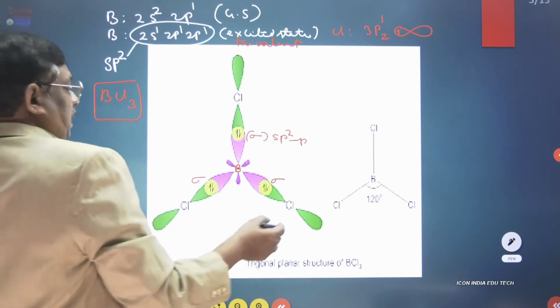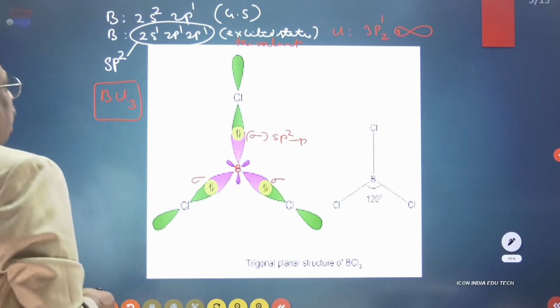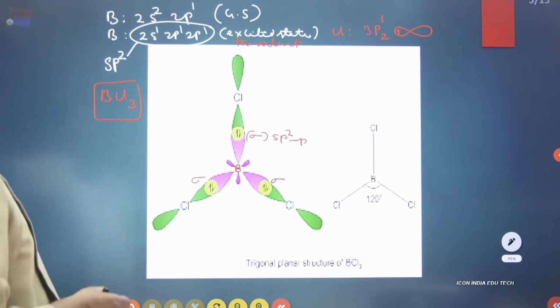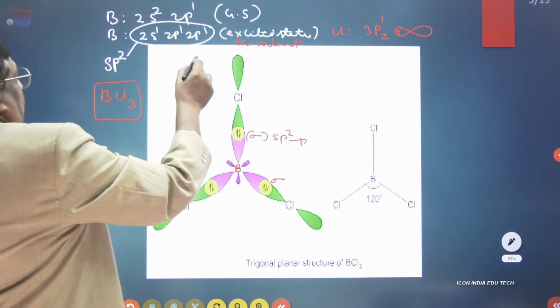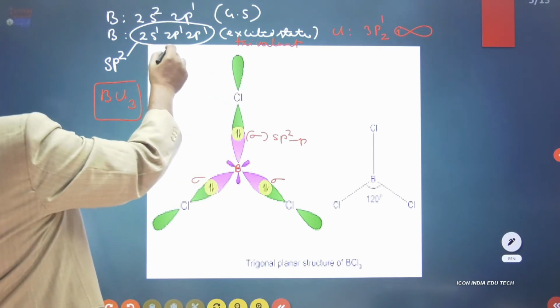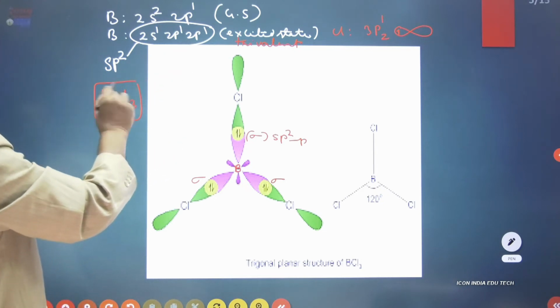What is the bond angle like? 120 degrees. What is the shape? Trigonal planar shape overall. Boron in the excited state has 3 unpaired electrons. That is why it is trivalent. In the excited state only, you have 3 half-filled orbitals. They undergo hybridization to form sp2.